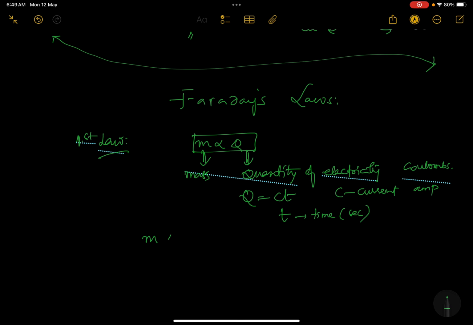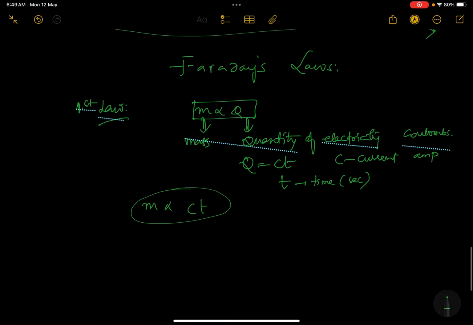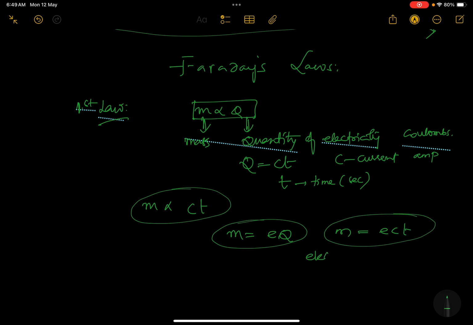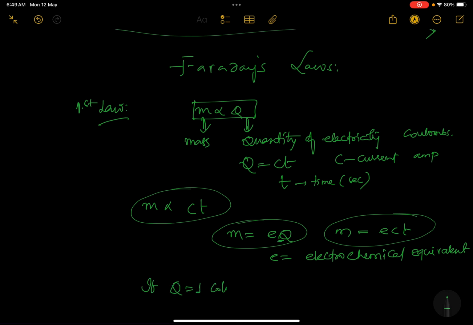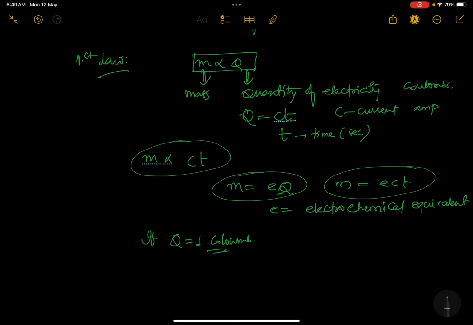Now, M is proportional to CT, which you can also write as M is equal to a constant times CT, and this constant is called the electrochemical equivalent. So when Q is equal to 1 coulomb, then M is equal to E, right?